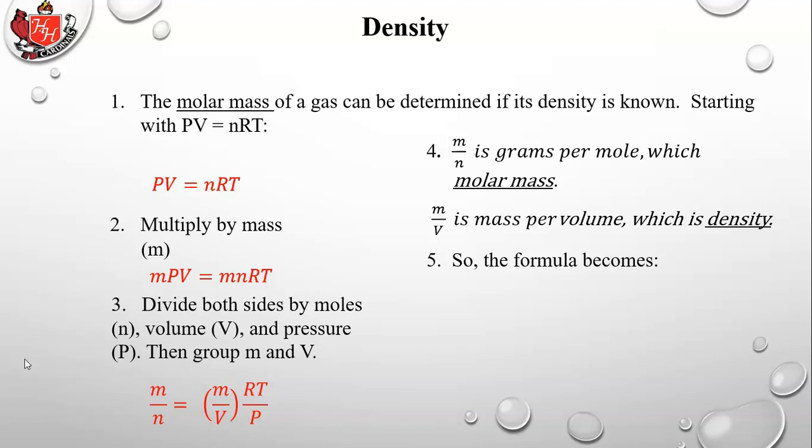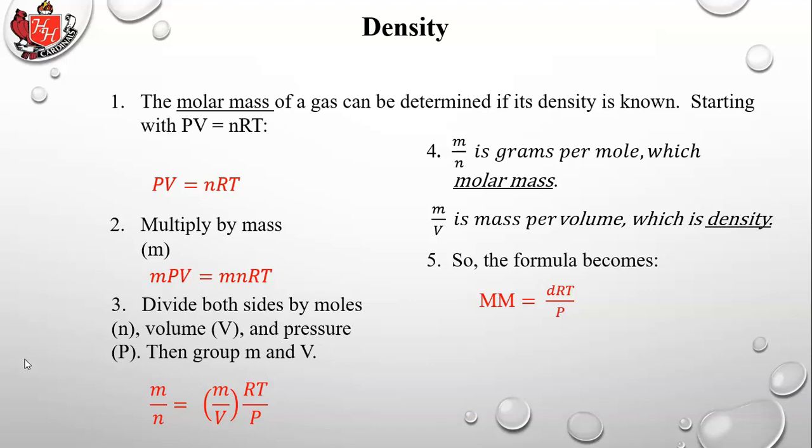So therefore this formula becomes molar mass, capital M, equals density times R times T divided by P. So if you know the density of a gas and its temperature and pressure, you can compute its molar mass, and from that maybe you can determine what that gas is.